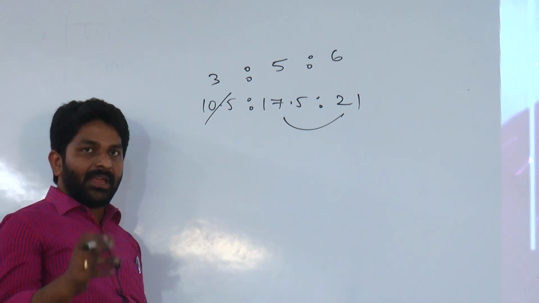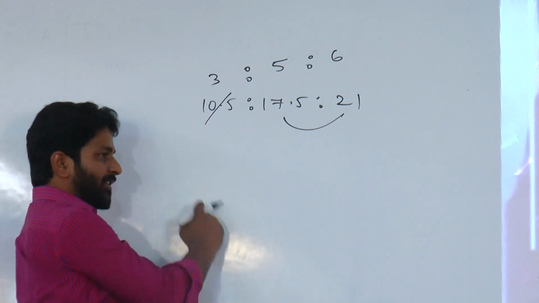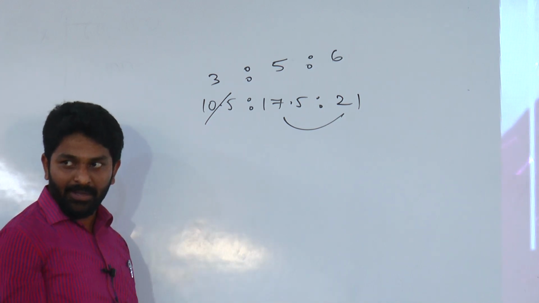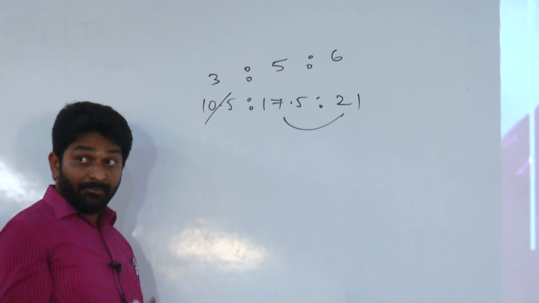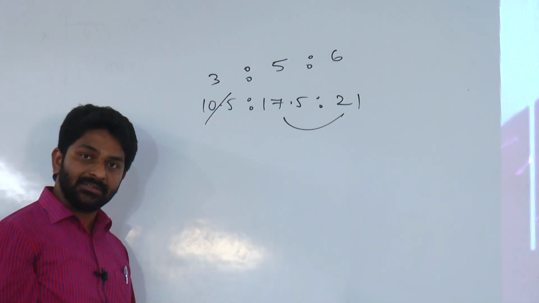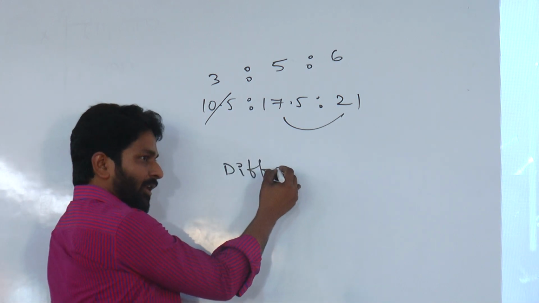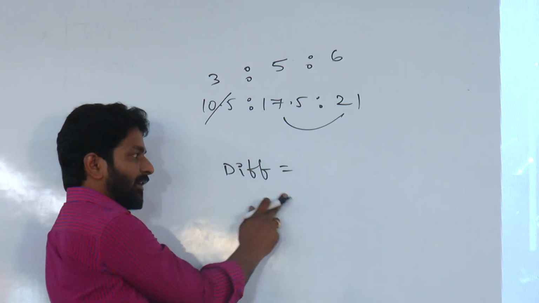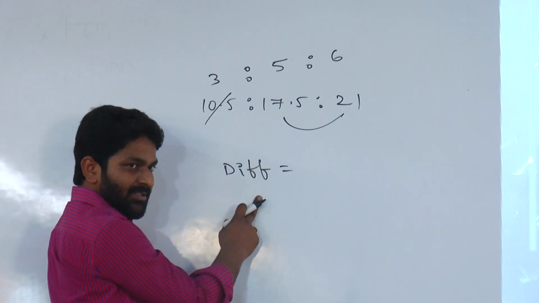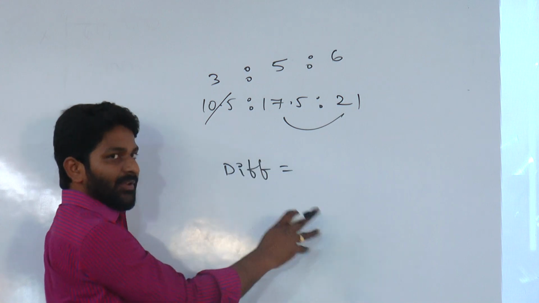When you want to go for cancellation, if it is both numerator and denominator, take the difference of numerator and denominator, and verify cancellation with that number. I've asked you to take the difference and verify your cancellation with the difference. If it goes well, okay.